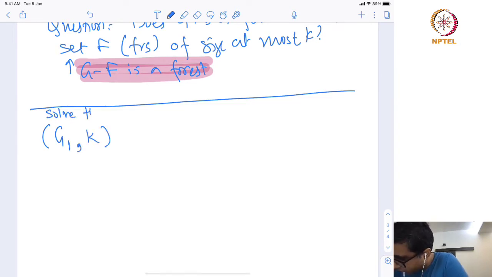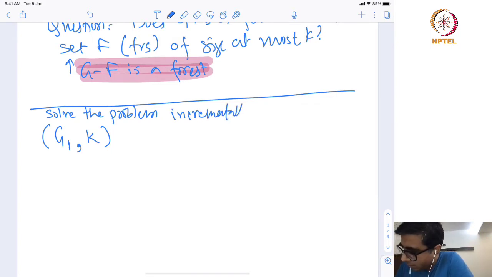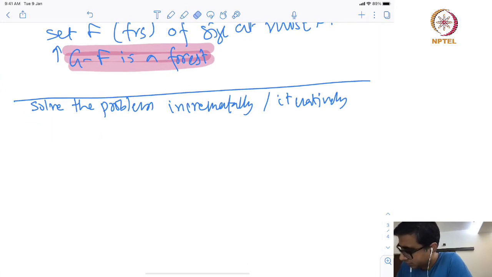Let us say we are going to solve the problem incrementally, or iteratively, or inductively, whichever word you like.